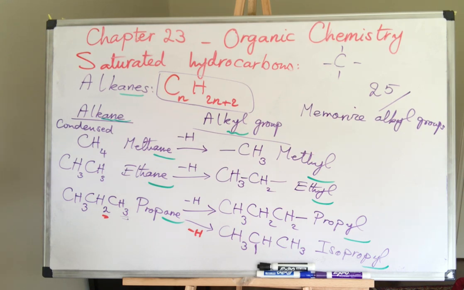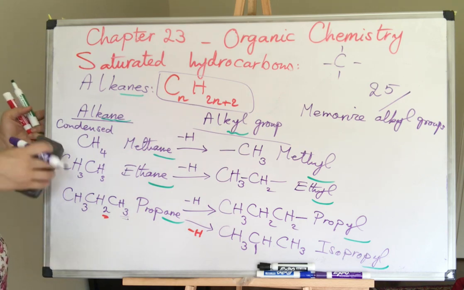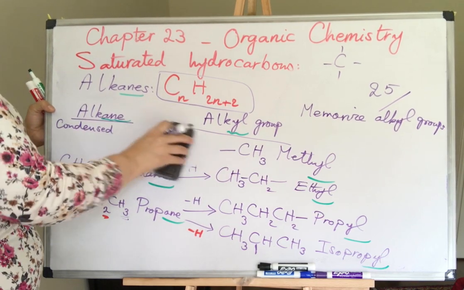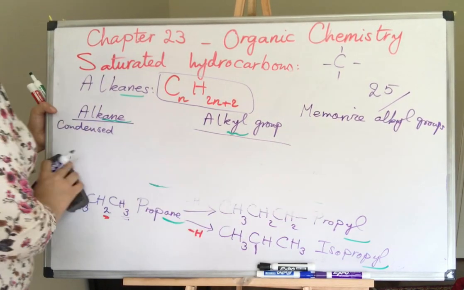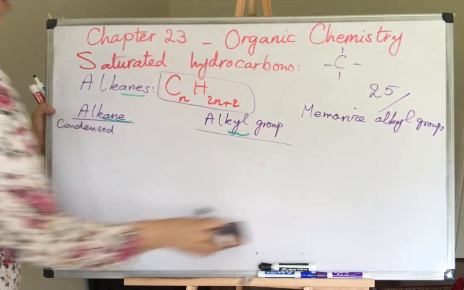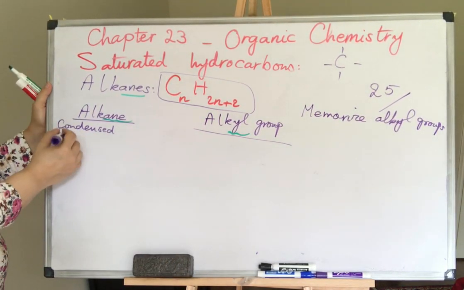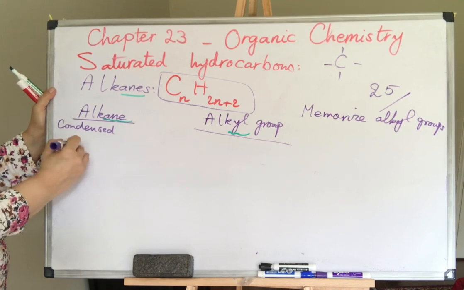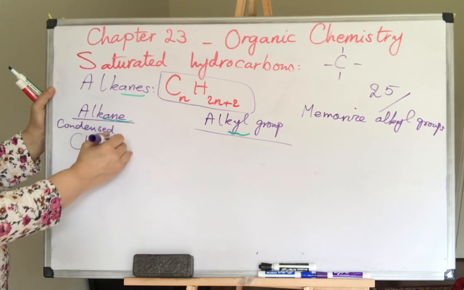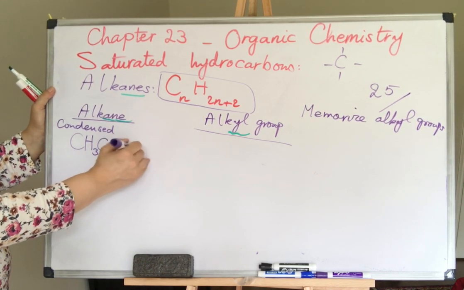And luckily, the last one that you will deal with is the butane with 4 carbons. So allow me to erase these to make some room on our little bitty board. Okay, so if you have a butane, remember after propane, you were supposed to memorize them. The name of the compound is called butane.